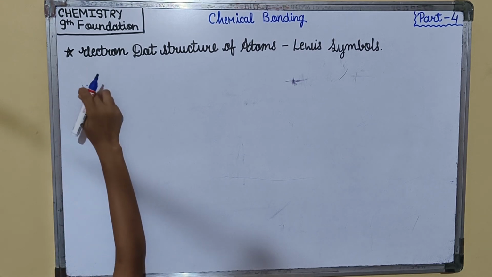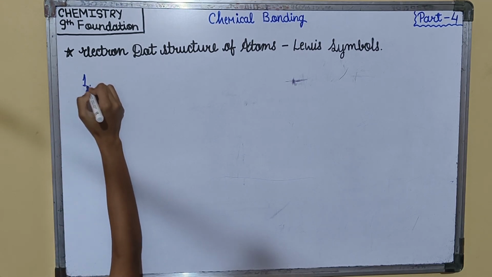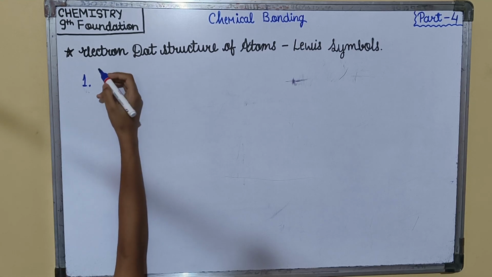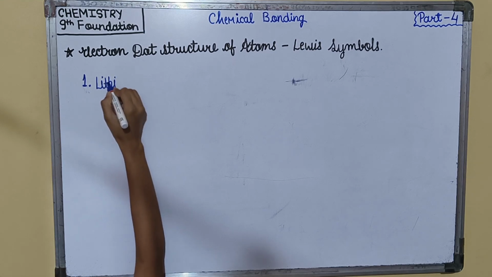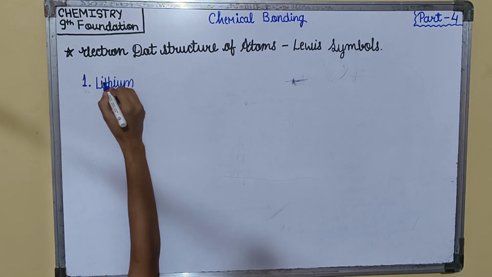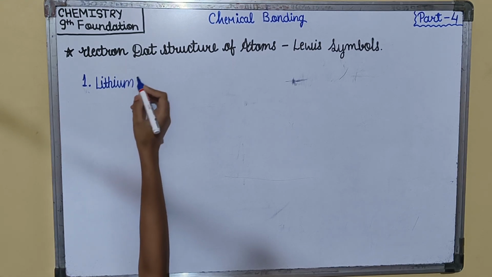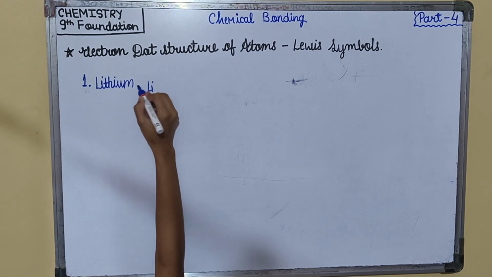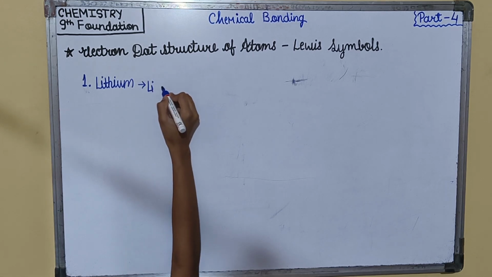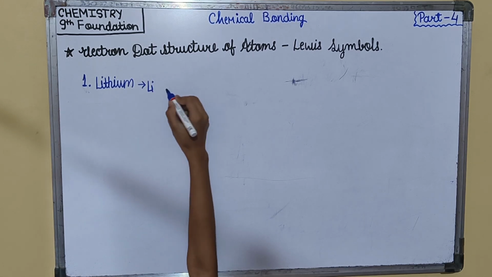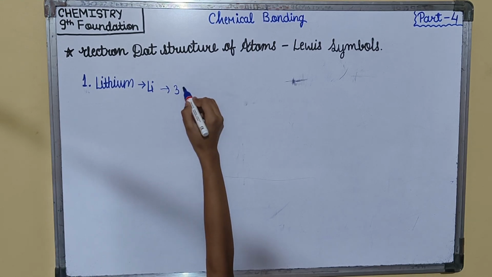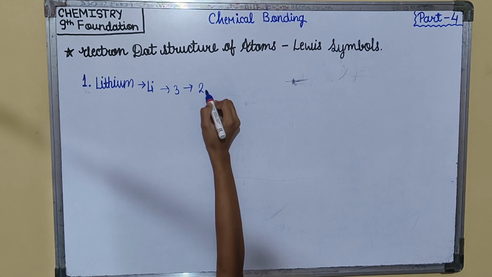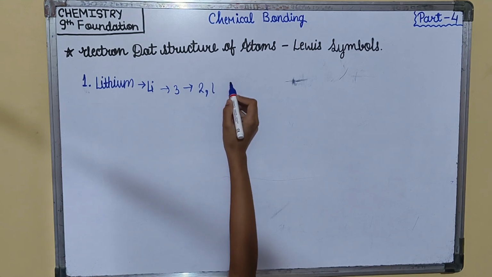First is lithium, Li is the symbol, and atomic number of lithium is 3. Electronic configuration of lithium is 2, 1.